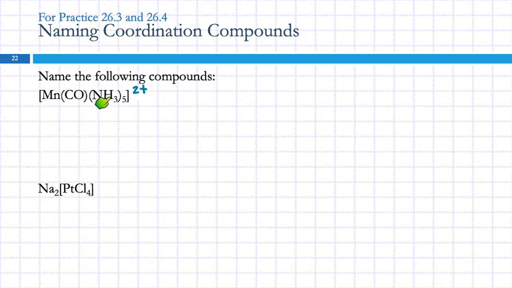This is ammonia, that has a neutral charge. What about carbon monoxide? Does that have a charge on it? No. So all of these are neutral. So the manganese must have an oxidation state of what? 2+. So we've got Mn2+ in here, and we've got carbon monoxide, and we've got ammonia. There's 5 of those and 1 of these.